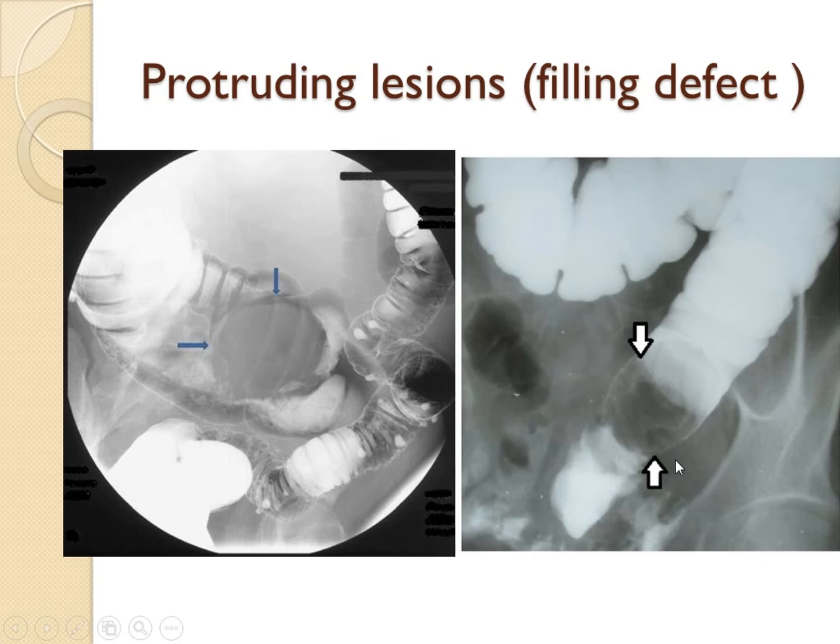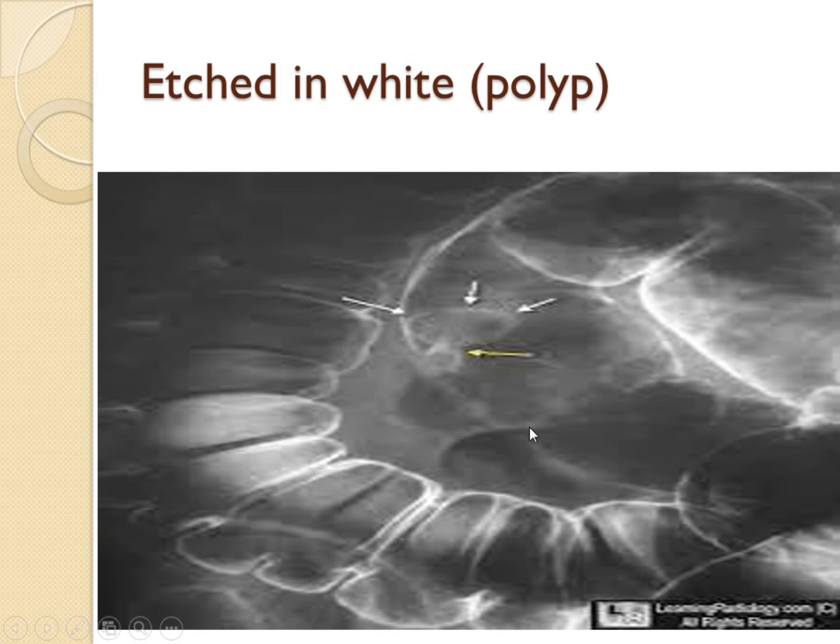As in this, it's like a filling defect. Edge-on white appearance, as in this case, the polyp. You see that the outer line of the polyp is covered with barium in a dependent area of a double contrast barium enema.